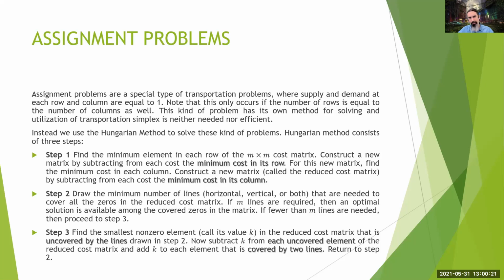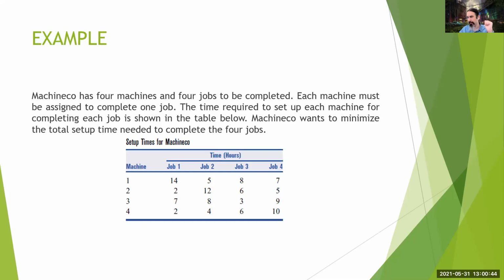The example will be easier to understand, but this is just the talking part, let's say. And then at the same time, you find every cell that was crossed out by two lines, one horizontal, one vertical, and then you add that minimum value to those cells. You will see what I'm talking about.